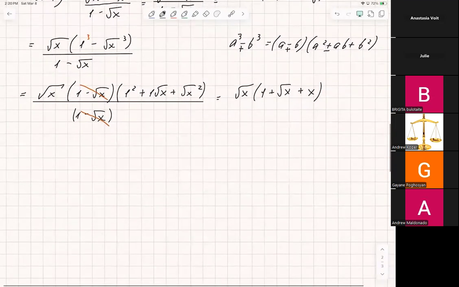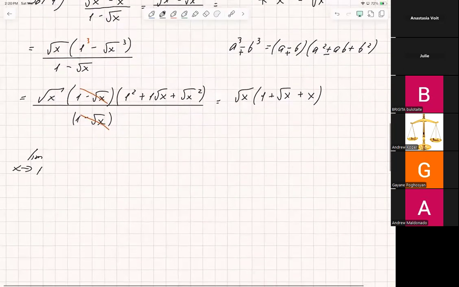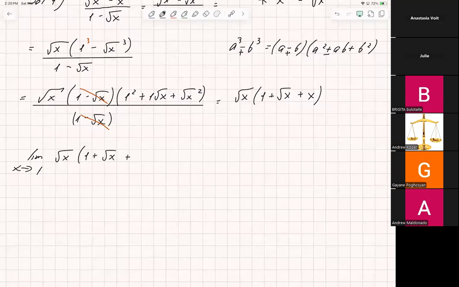So we would have limit as x approaches 1 of square root of x, 1 plus square root of x plus x. And in this case, we have no problem because we have no denominator, right? So we will plug in 1 times 1 plus square root of 1 plus 1, which is just 3, okay?